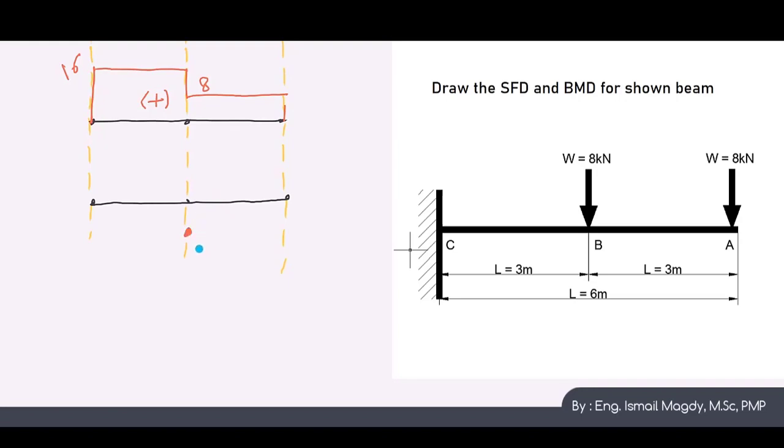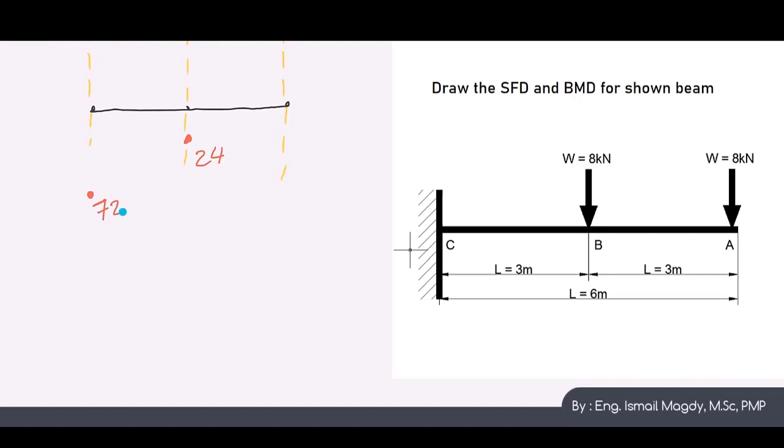So we have here the 24 kN meter. Let's calculate here. From the left side it was already determined to be 72 kN meter, and if we calculate from the right side, it will come to the same value again. So we have here the 72 kN meter, and we will just connect the points here. So it means that all this moment is in the negative direction.